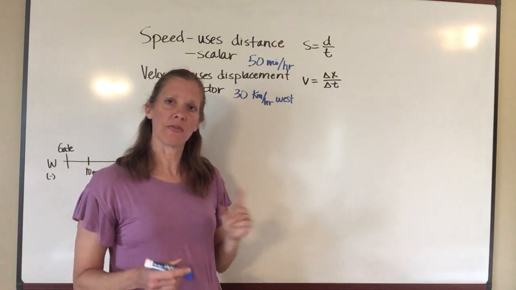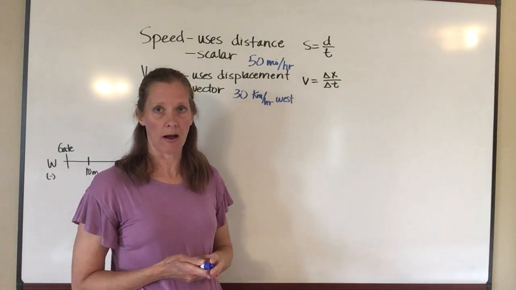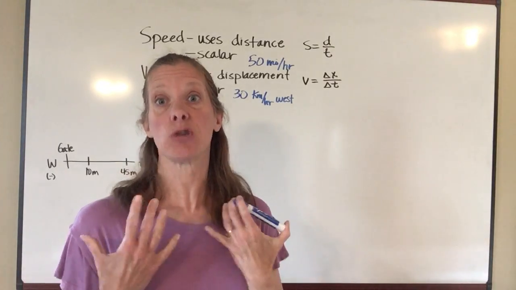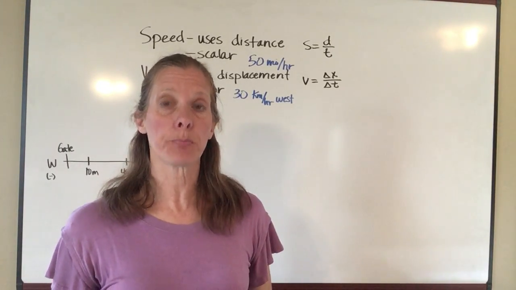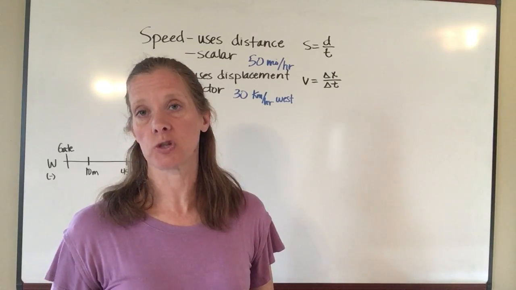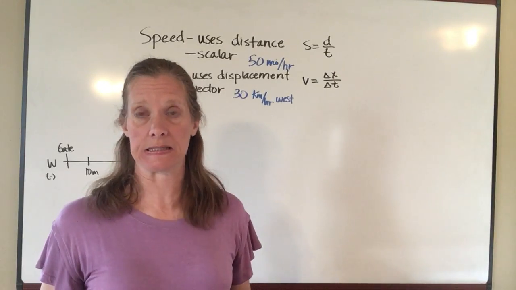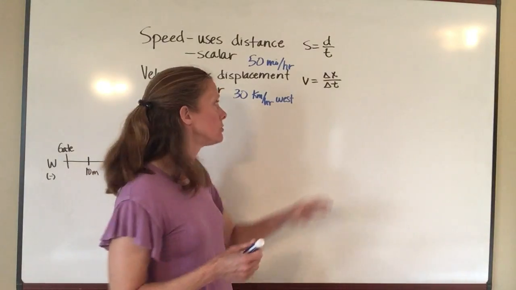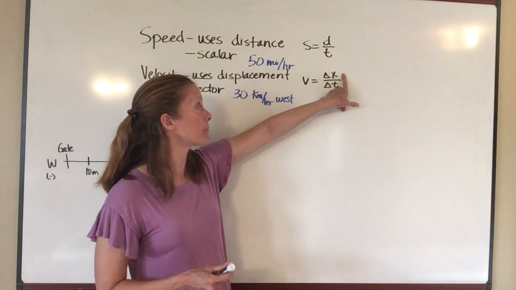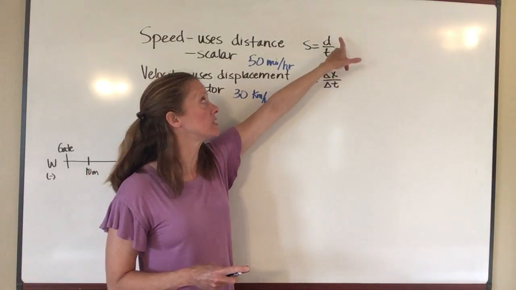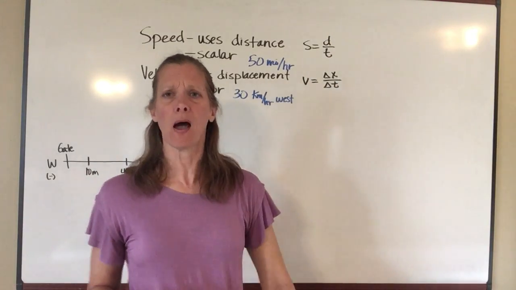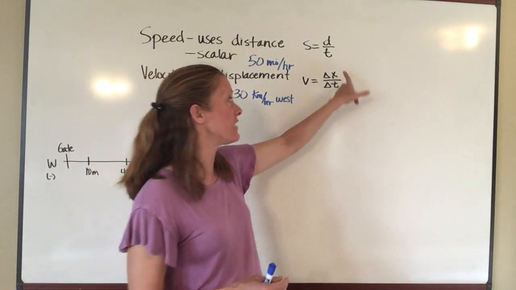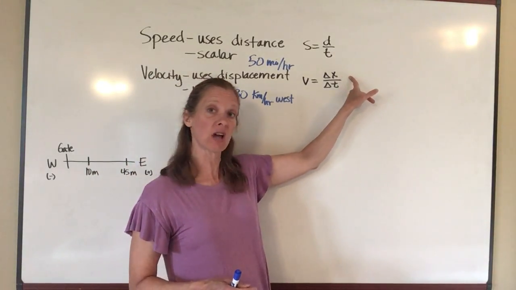Okay. Now, one thing I do want you to be aware of, and this is the total human side of this teacher and me, different books use different letters for some of these formulas. They calculate it the same way, but they don't always use the same letters. Your book uses an X on the top for displacement, and they use a D for distance. Some of the physics books that I have used before have used a D for displacement, and I put a D on the top of this.